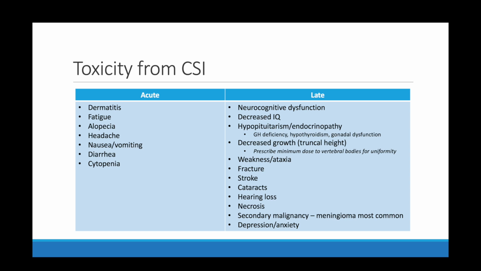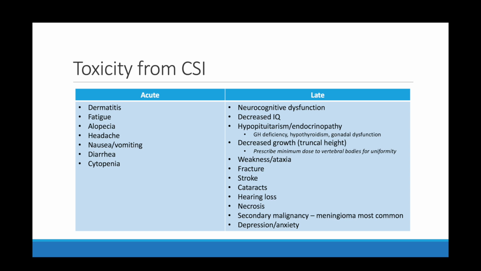The late effects, however, are probably what parents are most concerned about when they hear about CSI. A big late effect is neurocognitive dysfunction. Most patients treated with CSI, and the risk increases with younger age, will need some sort of help in the future for intellectual disabilities.